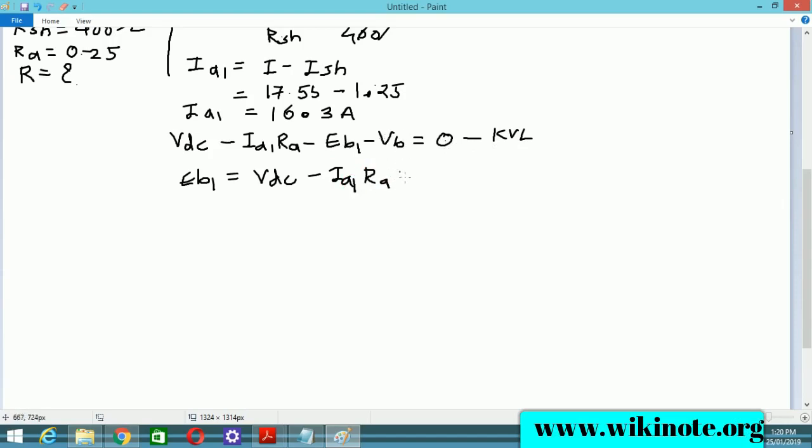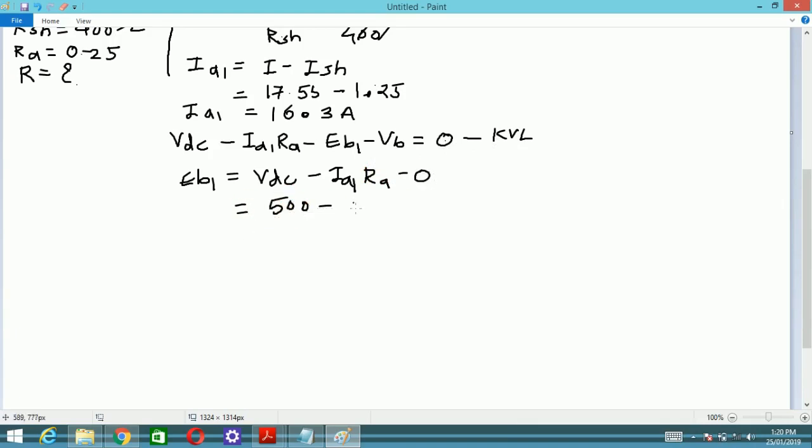V brush is not given, so simply consider it as 0. So VDC, which is mentioned as 500, minus IA1, which we have calculated recently, 16.3 ampere, multiplied by the armature resistance, which is given as 0.25.